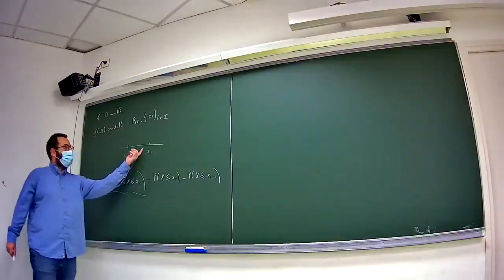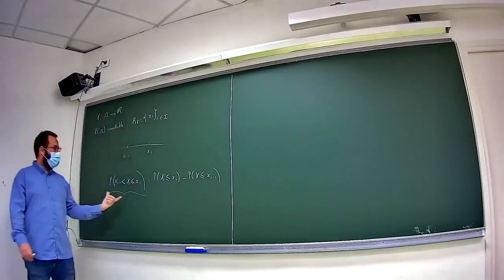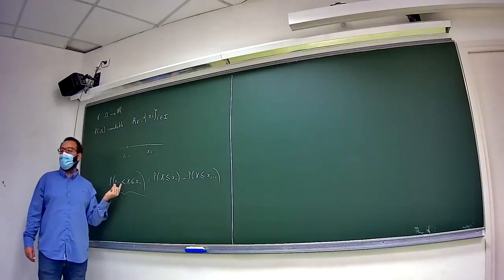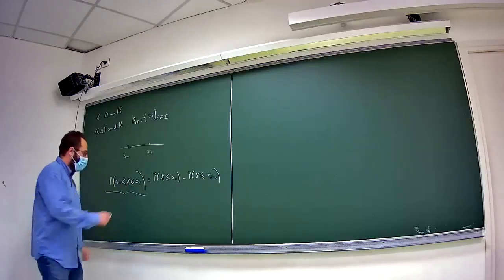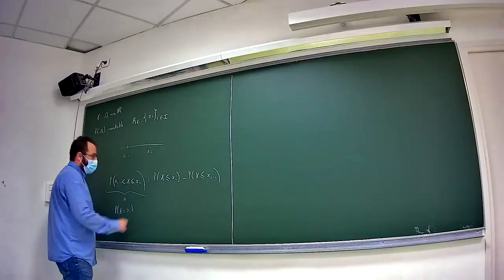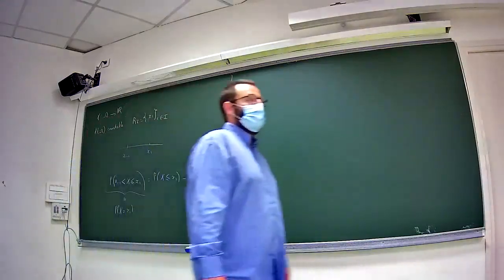Keep in mind we are in this situation, no values between. It's exactly the probability that X is equal to x_i, because I don't take values strictly between the 2 points.